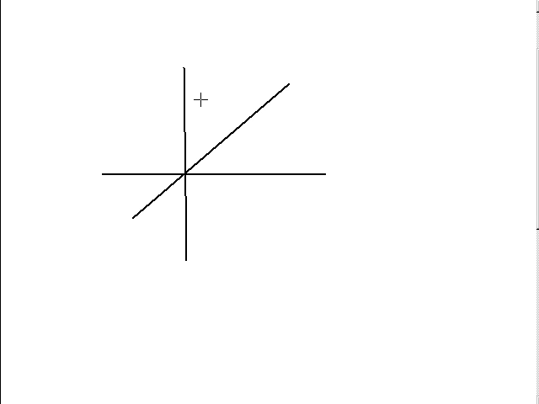Suppose we have a function, and we're going to make this f of x equals x. So I'm going to draw my function here. This is my alpha, this is y equals x, and this is f of x.